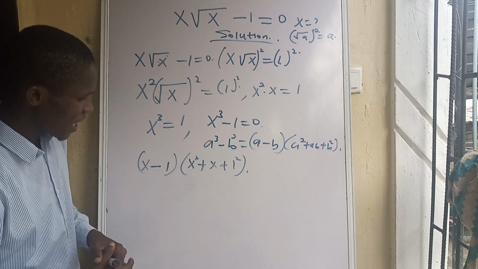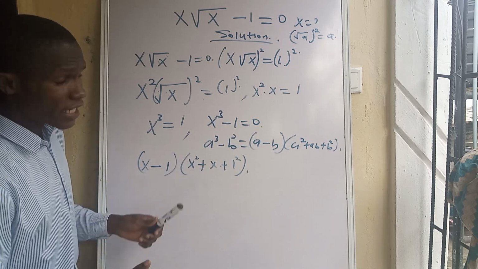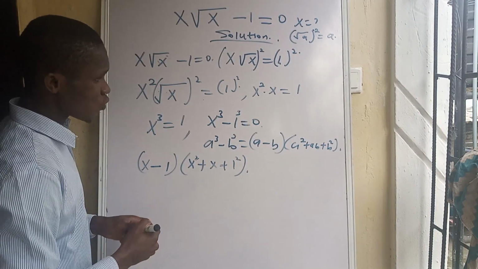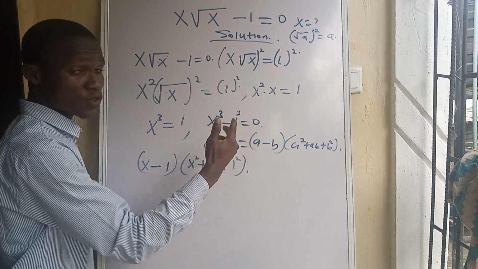Remember we have x cubed minus 1 cubed. In order to make it similar, we can put a 3 here: 1 to the power of 3, because 1 to the power of 3 is also the same thing as 1.